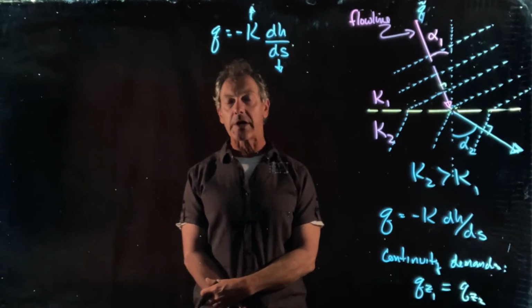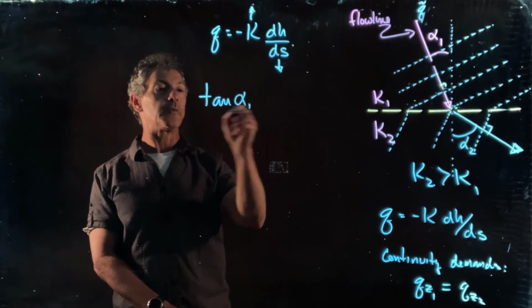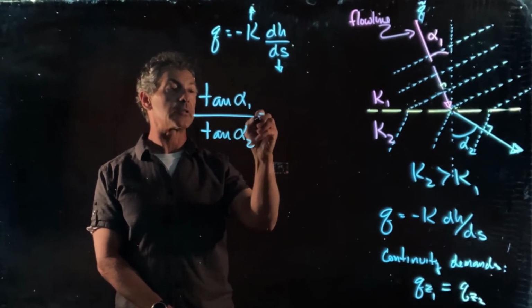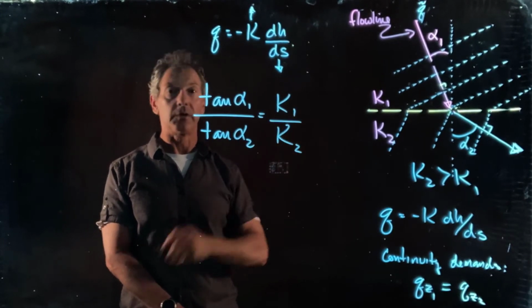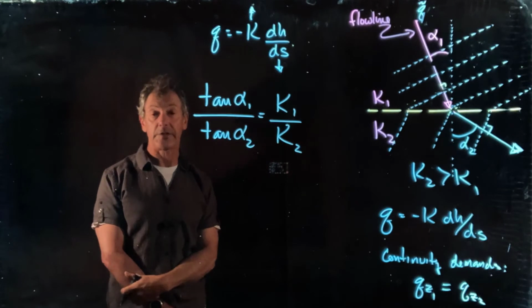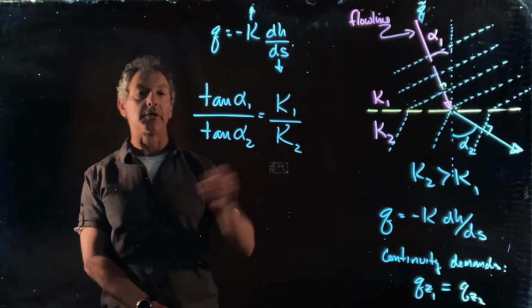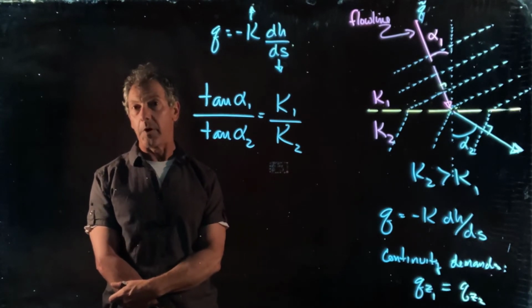So if you actually work out the geometry of this, what we find is the tangent of these two angles has to be equal to the ratio of the two hydraulic conductivities. So it's actually quite unusual that we actually have to make that calculation. It just doesn't come up a whole lot.